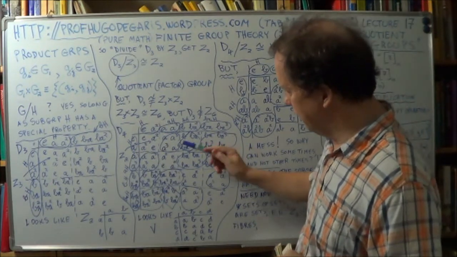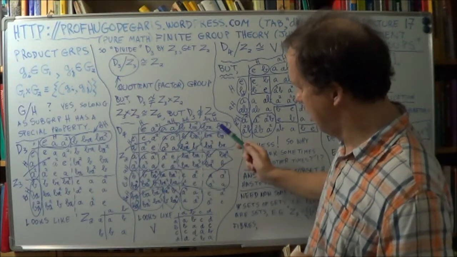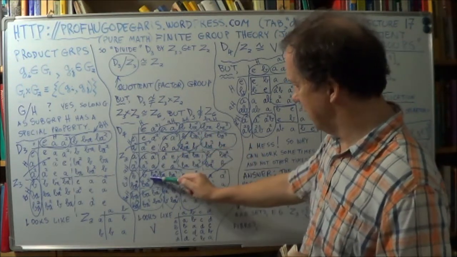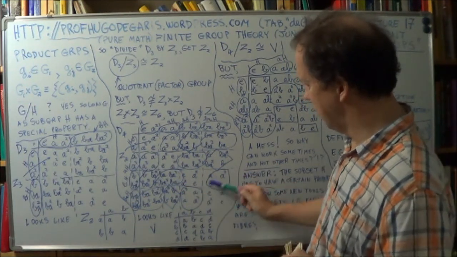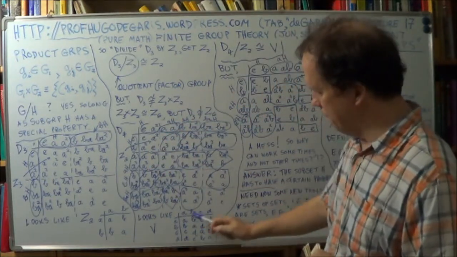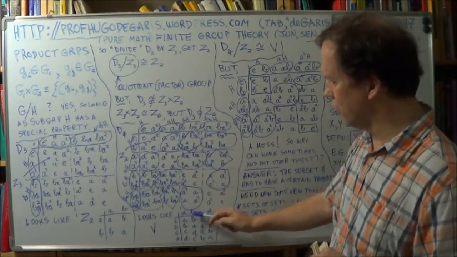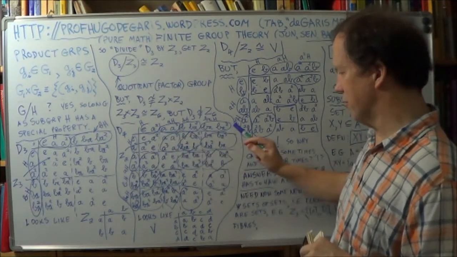Now, if you stand back, you'll notice this is the same, and this is the same, and this is the same, this is the same, that's the same. It looks like this group here. Now this is just an order 4 group. This is an order 8 group.